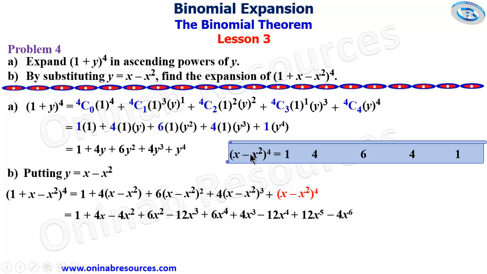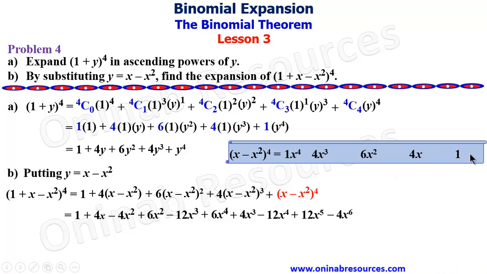The first term here is x, so we take the highest power of 4 from the beginning, so x4, x3, x2, and x1. Then here is what? We have it as x squared, taking the highest power from behind, so x squared 4, x squared 3, x squared 2, and x squared 1.